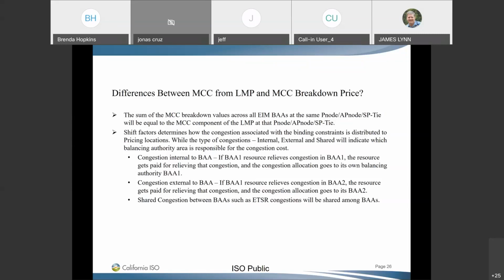Now, that can have some bleeding effect, I'm going to use the word, based upon the constraint relationships, especially at the intertie locations between BANC and the other balancing authority areas, but it should not be significant. What I have seen in the past is that when Nevada or so on has had a market separation, it's been less than $10,000.